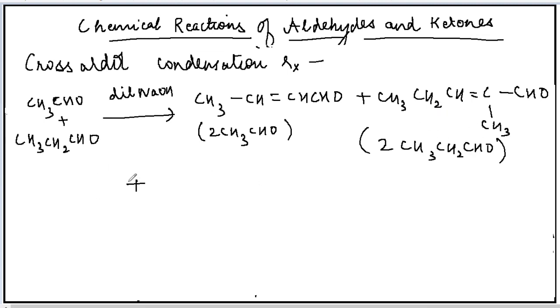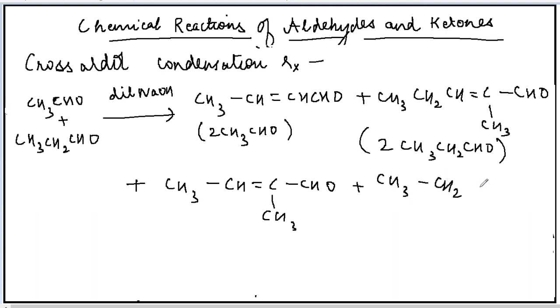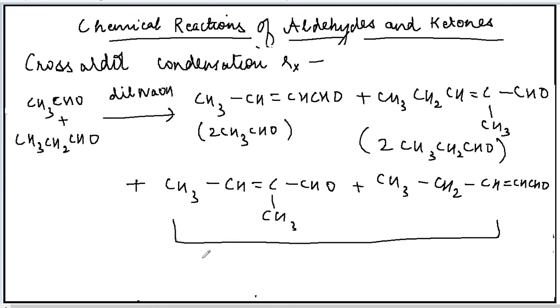The next products formed as a result of the cross aldol condensation reaction are these two products, which are formed when the reaction takes place between one ethanal and one propanal.